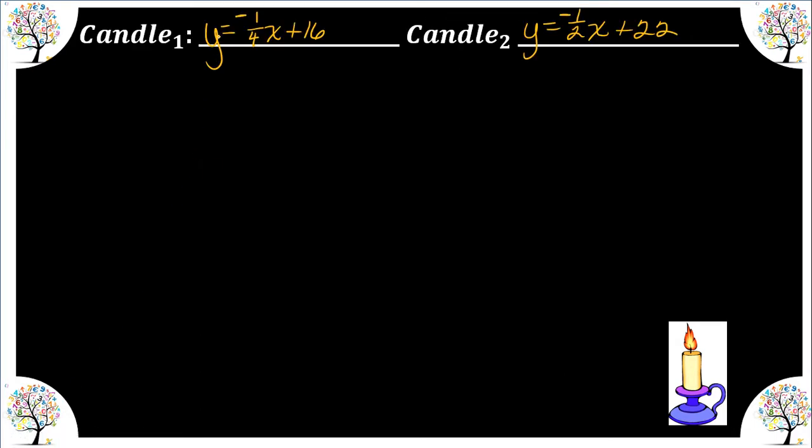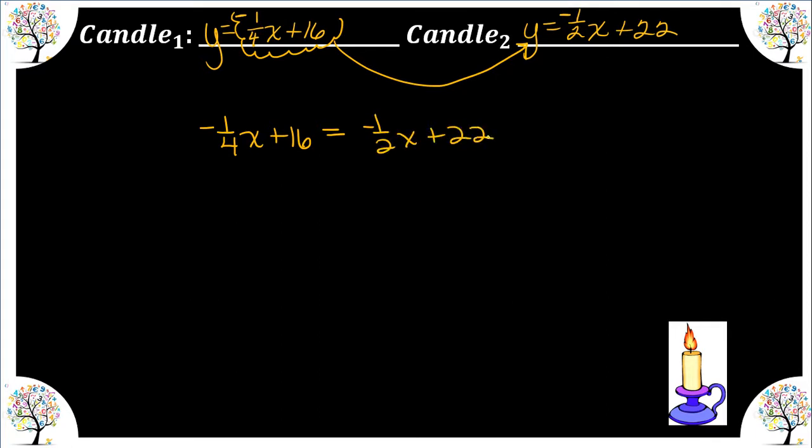Since we have isolated variables, I'm going to choose to use the substitution method. I am going to take negative 1/4 x plus 16, what y equals, and substitute it in for y into candle 2 equation. So I have negative 1/4 x plus 16 equals negative 1/2 x plus 22.